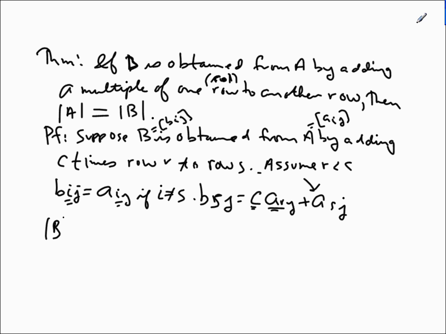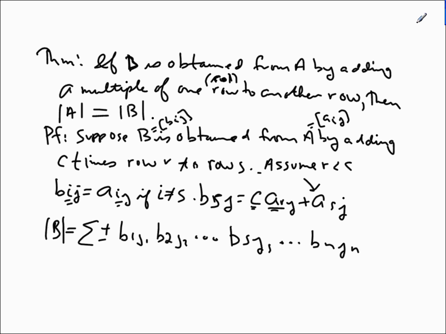The determinant of B by definition is the summation plus minus B1J1, B2J2, and I'll stop off and say hello to row S, BS, JS, all the way down to BN, JN.